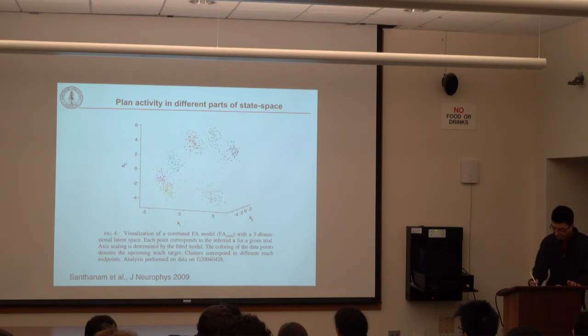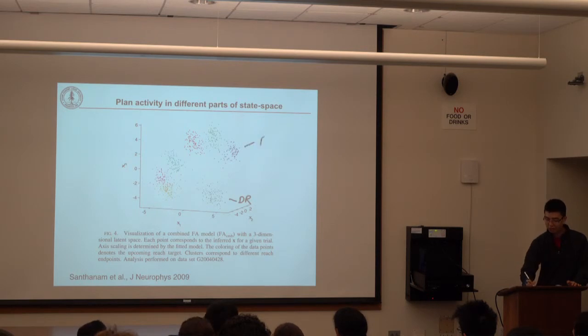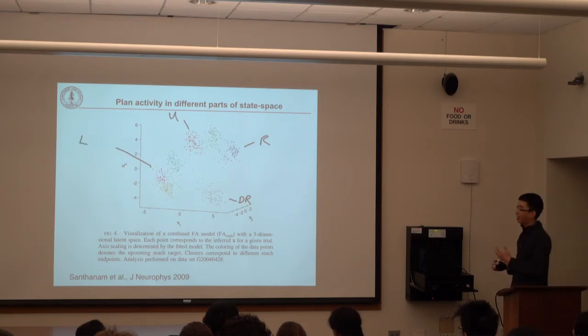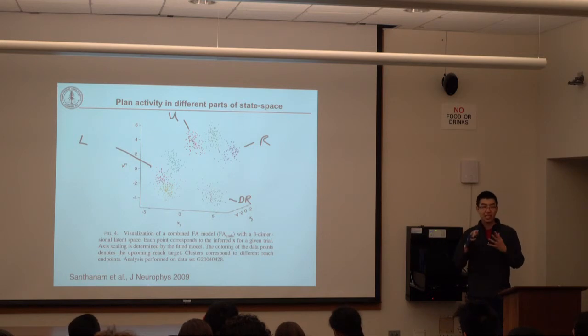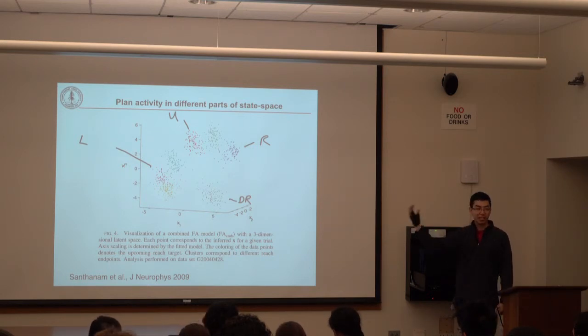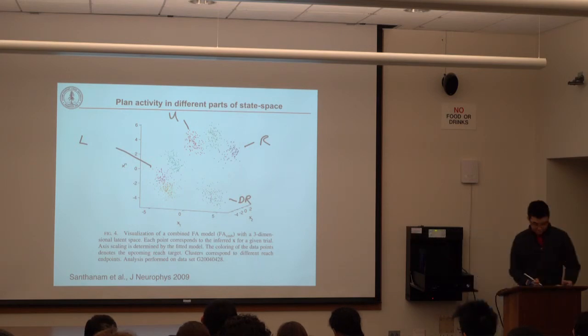So this right here is a plan to the reach to the target down and to the right. This might be a reach to the right. This might be a reach upwards, and this a reach to the left, for example. And so you can see that the neural population structure in these latent dimensions does reveal interesting things about the behavior.